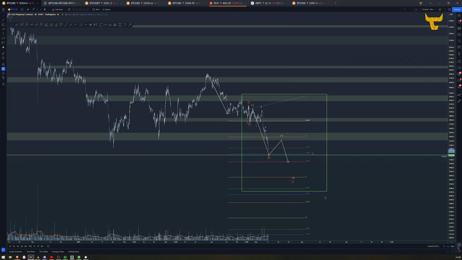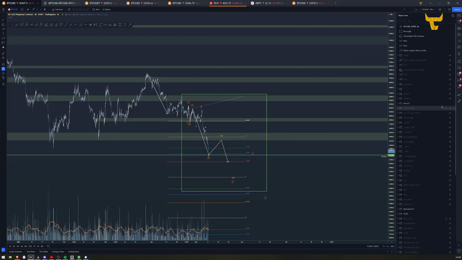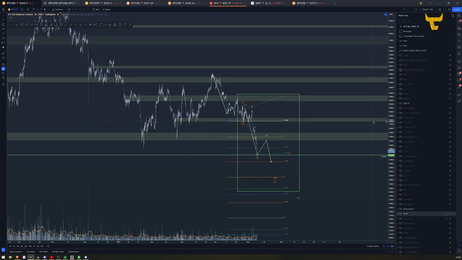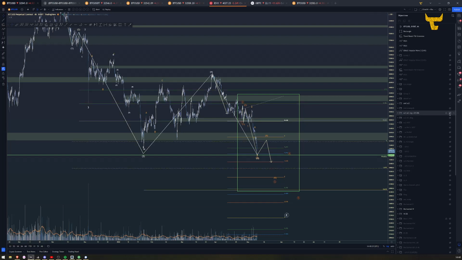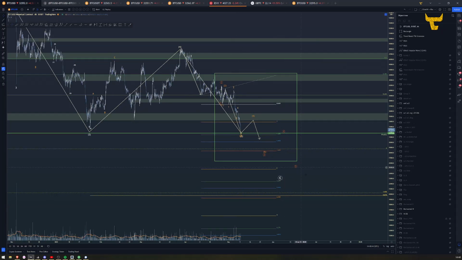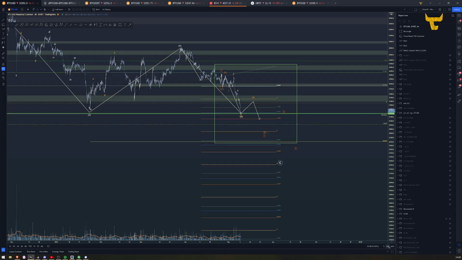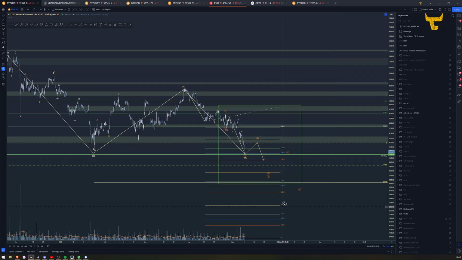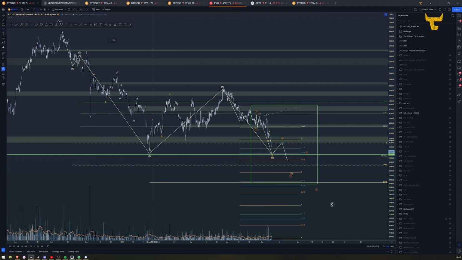So this will be the idea for scenario 1, for this C, for this 5, finishing this C. This needs to be a much higher degree now.